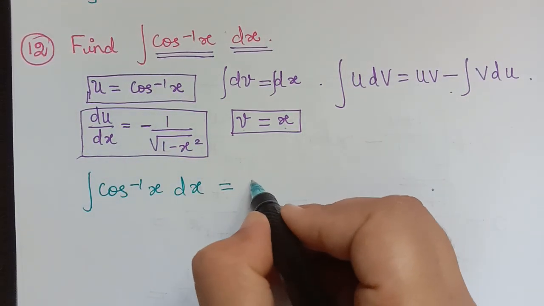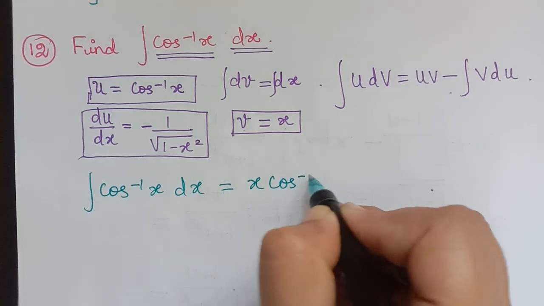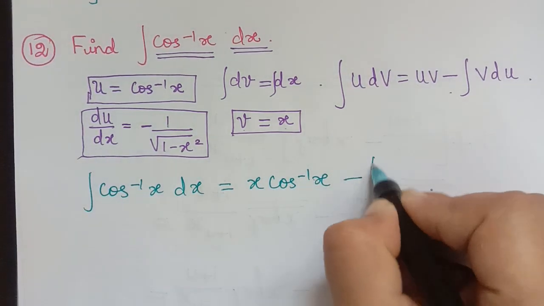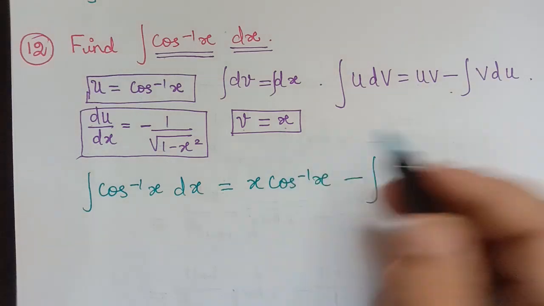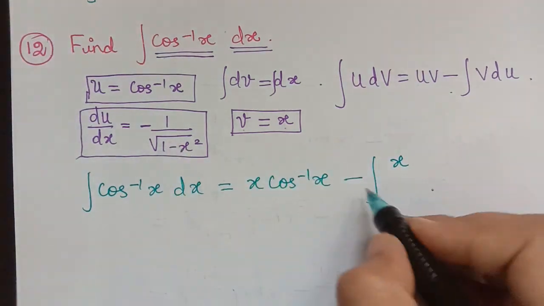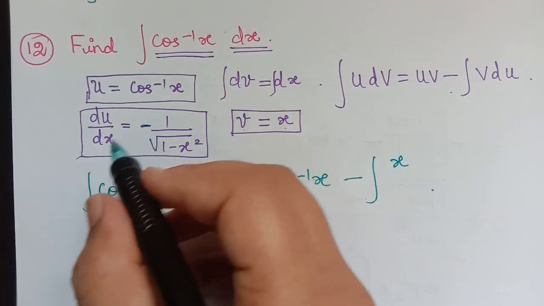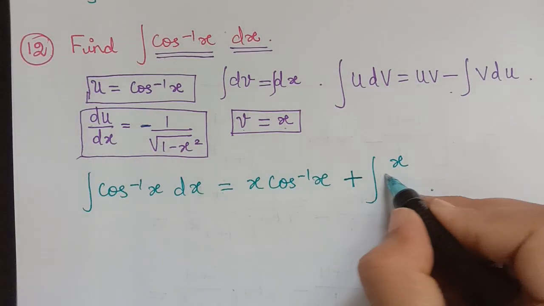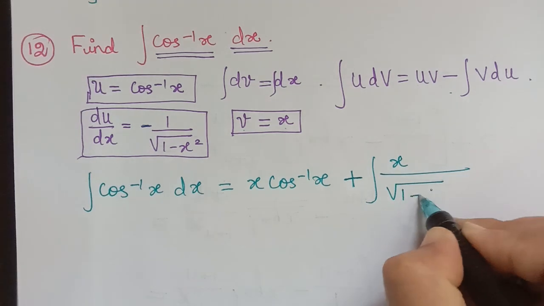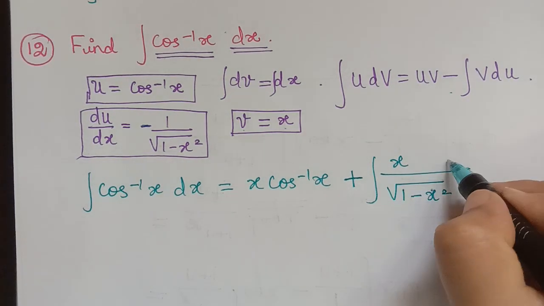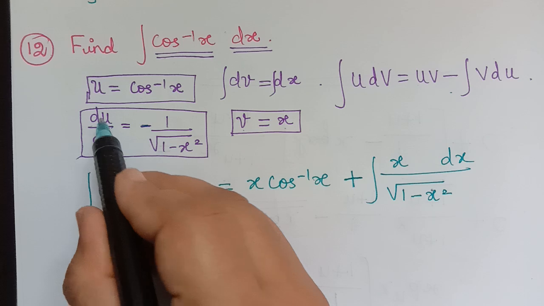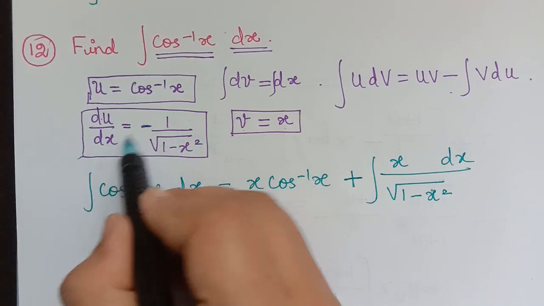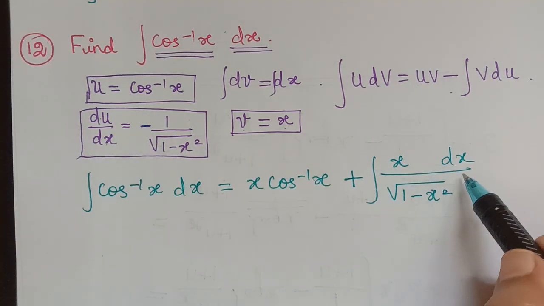So we can write this as x cos inverse of x minus integral v du. V is x, du is this. So then we have a negative sign here. That negative sign gets multiplied over here and it becomes positive, divided by square root of 1 minus x squared and then dx, because when we consider only du, this dx comes to the right. So that dx we are writing here.